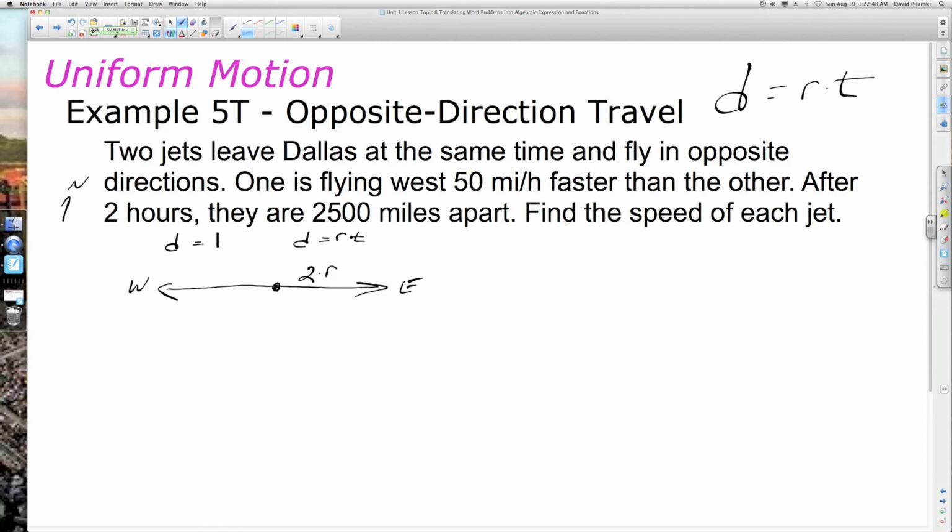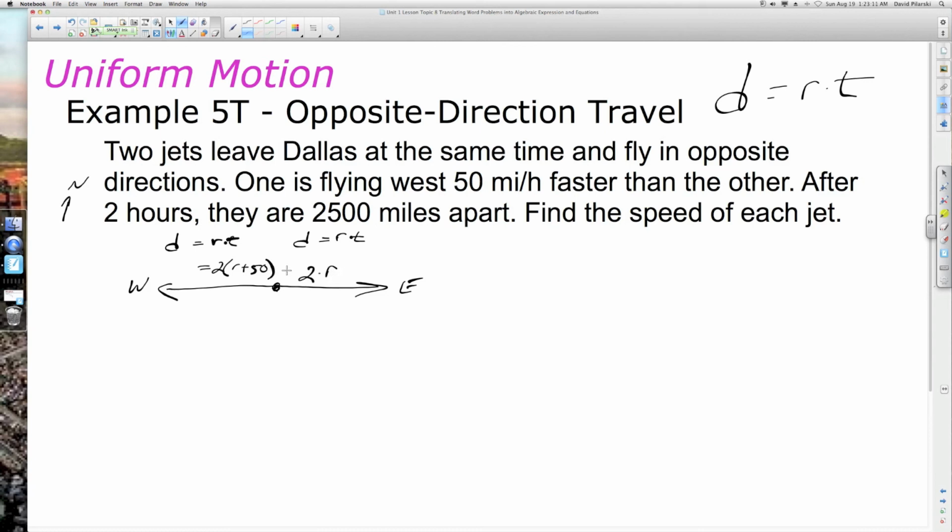Here, in distance is equal to rate times time, the time is 2 hours, but the rate is going to be 50 miles per hour faster than the rate of the plane going east.